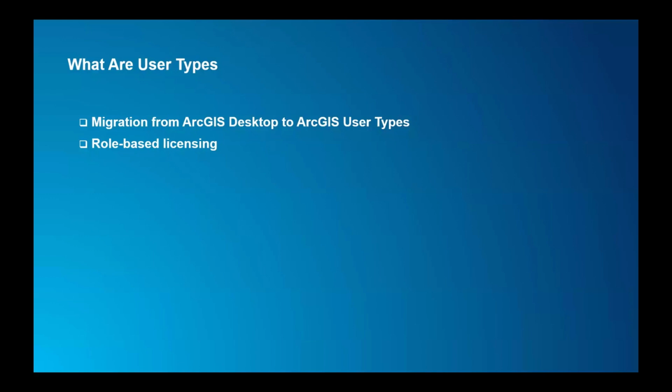Because of this retirement, we want to prepare our customers ahead of time so that you'll have access to whatever resources we have to get you comfortable with the user type license and ArcGIS Pro application added to these user types to get you going and working without any problems.